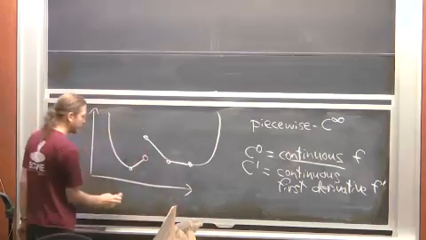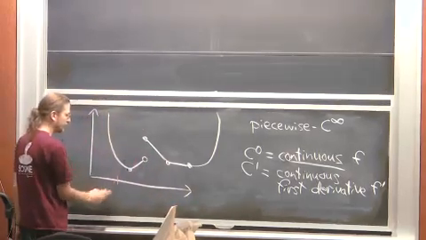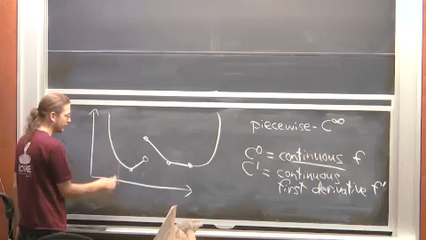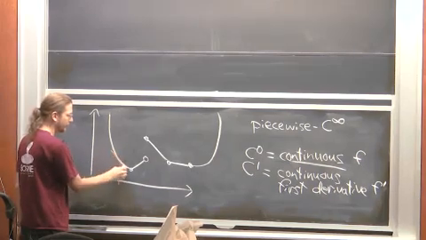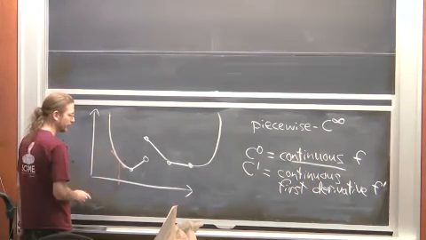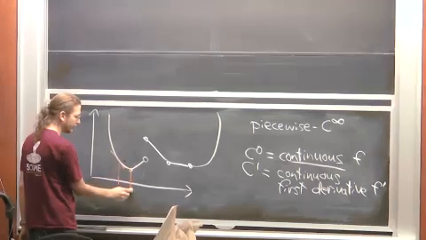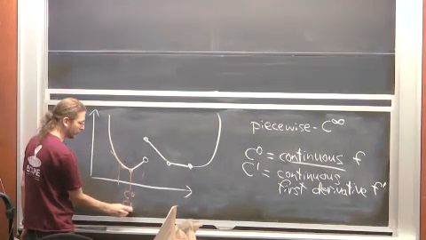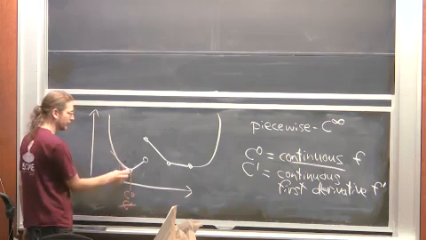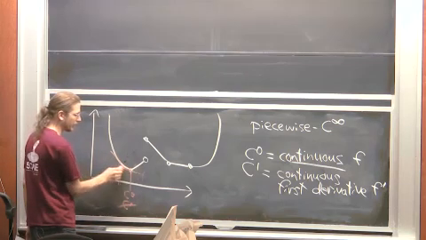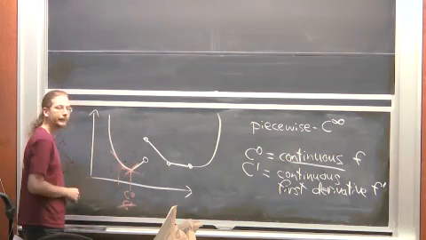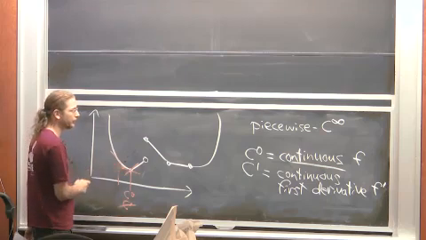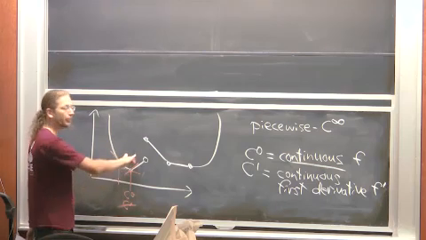So for example, this moment here is going to be C1. It has a nice derivative. That derivative is changing continuously here. Here, however, this is C0, but not C1, because the tangent on the left is different from the tangent on the right. So this is not a C1 function because the derivative is jumping at that point.